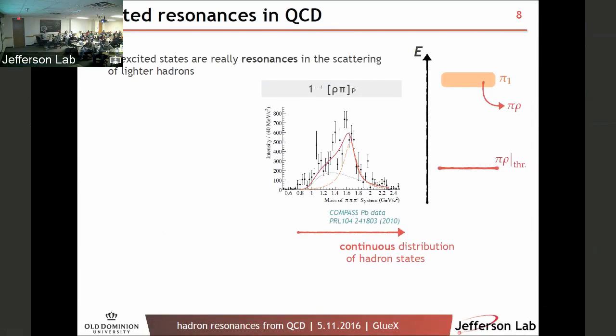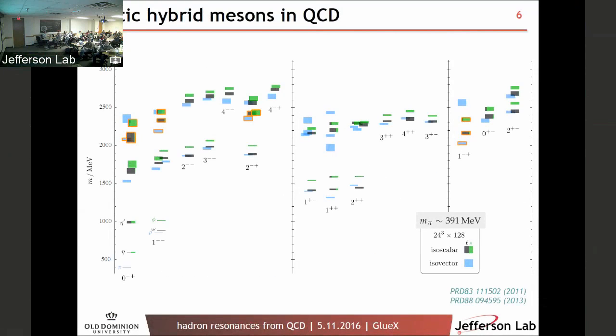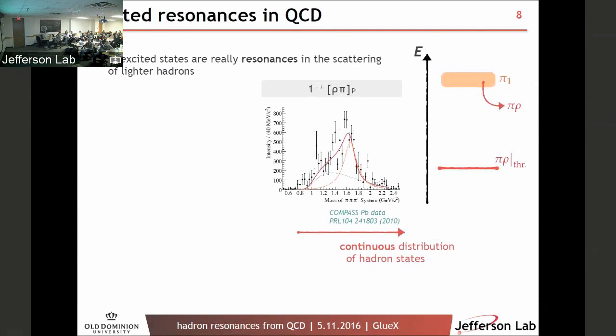But of course, this spectrum that we're seeing here doesn't tally with something that we know, which is that the excited states in QCD, the excited hadrons, are not states of definite mass. They're not stable particles whose mass is one particular definite number. They're resonances which decay.